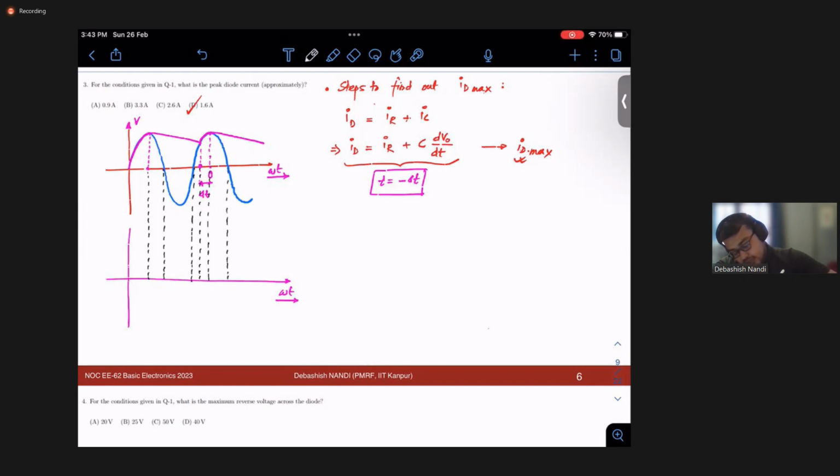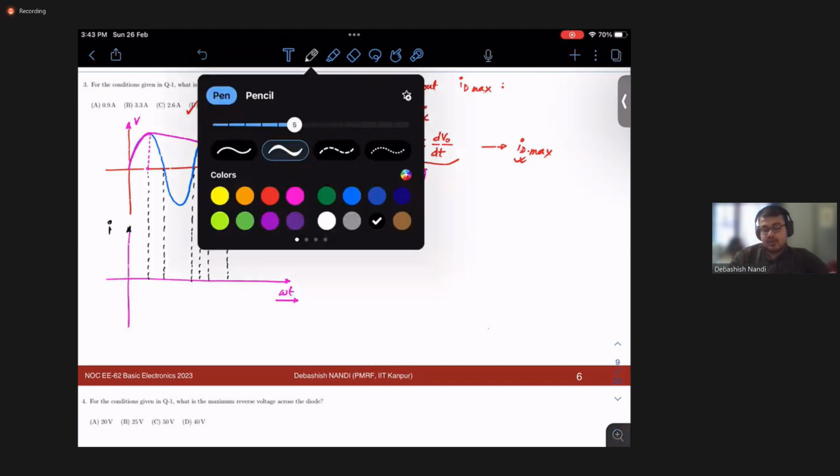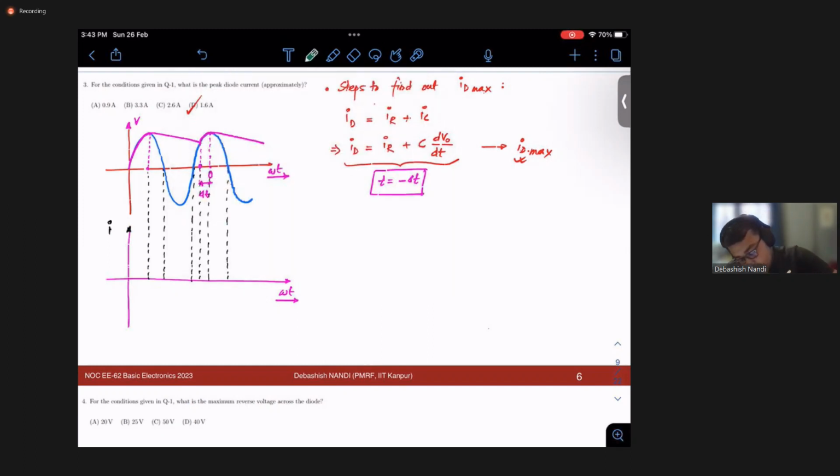If you see your current waveform, at this instance your diode is off, so ID will be 0.